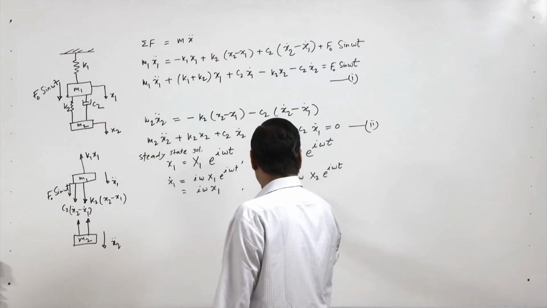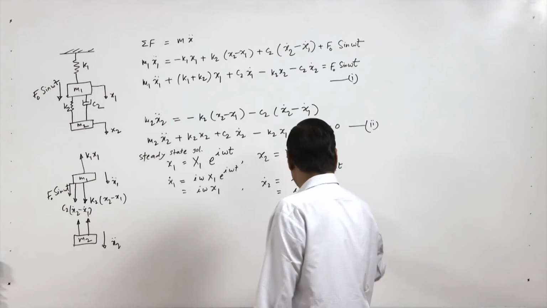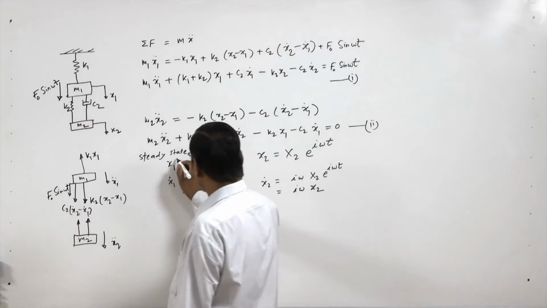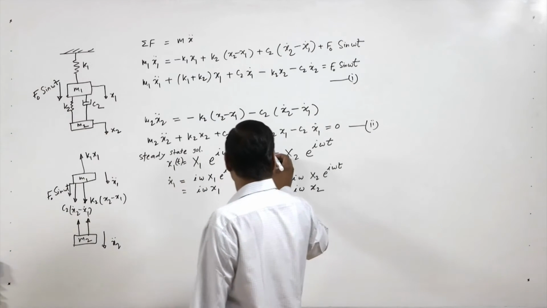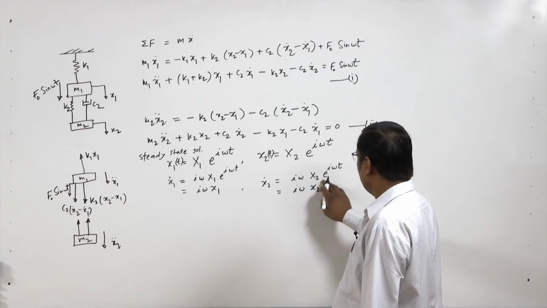So a small x is the motion, that is a function of time, and capital X is the amplitude.